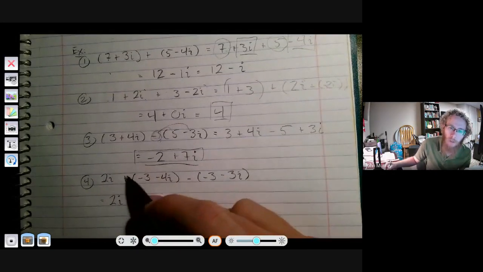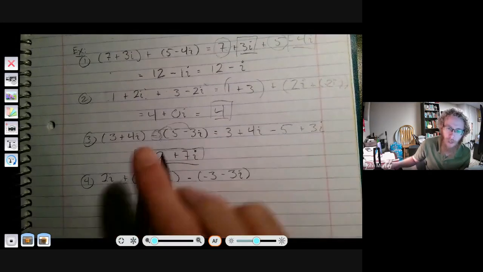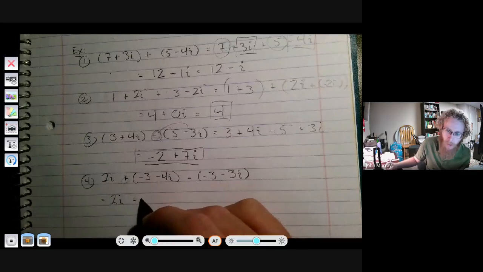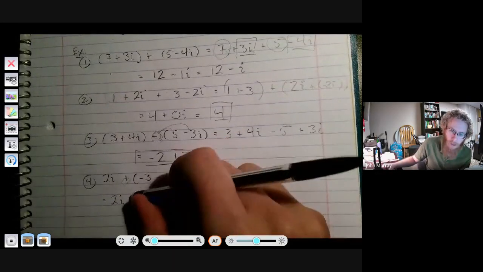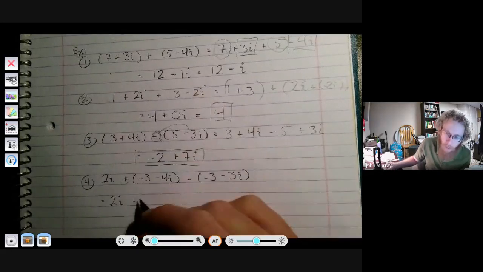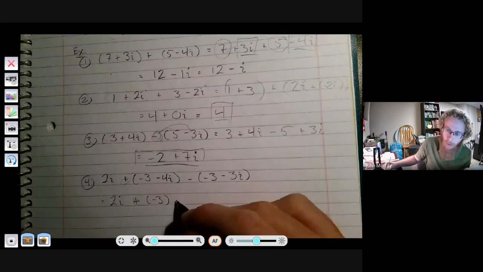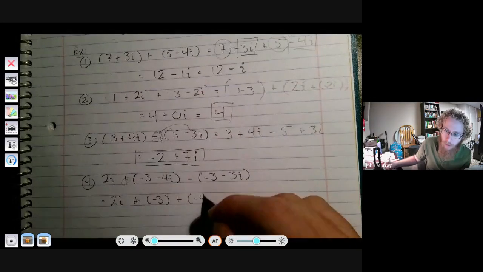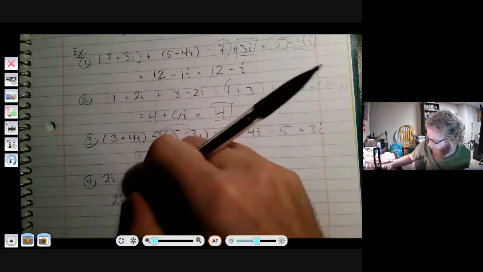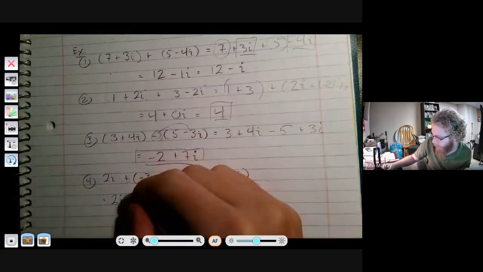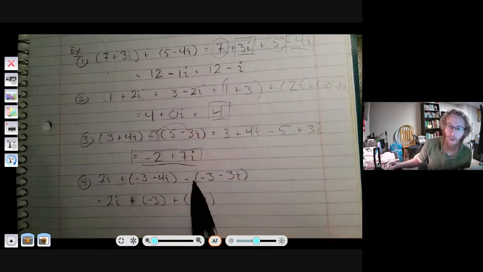Again, as long as you see a plus in front of something, you can just drop the parentheses for that part. So this will be plus negative 3i. Actually, I'm going to write it like that for now. Plus negative 3 plus negative 4i. If you would like to change that to minus 3 minus 4i, that's up to you.